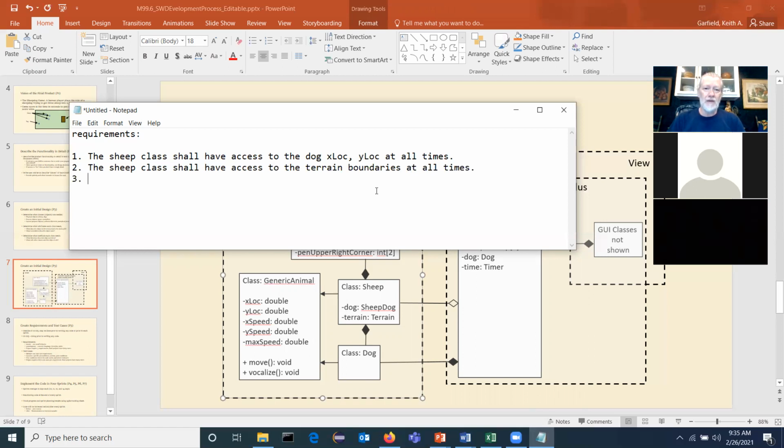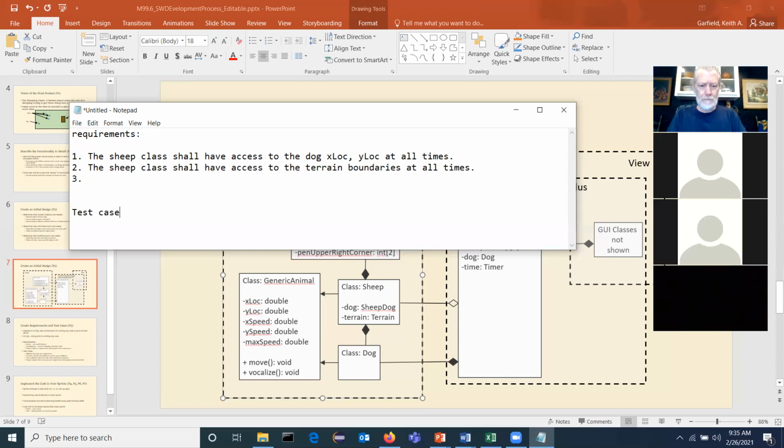Now, you could still test that. What would you check to see if the sheep knows the dog X location, Y location? How might you test that? Could you make a print statement?